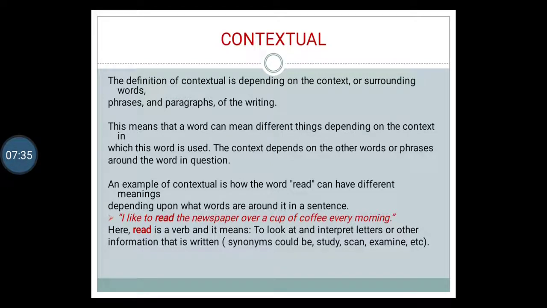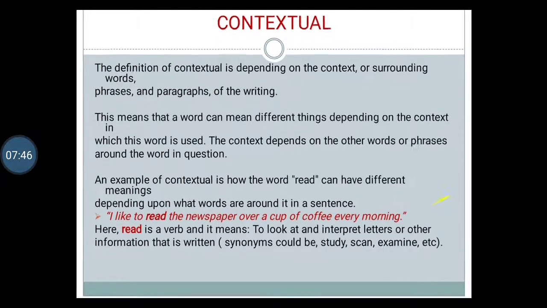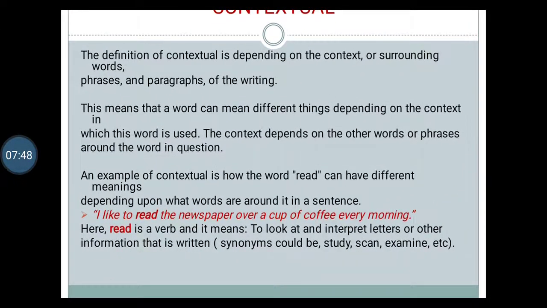So what I am saying is that we can have a word meaning several things in different contexts. That's what we're just trying to say. Look at this example here.